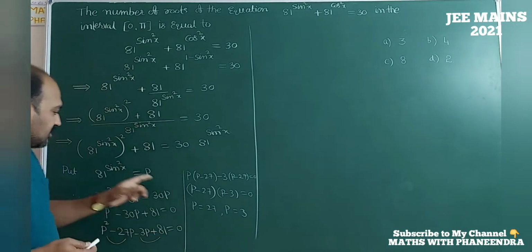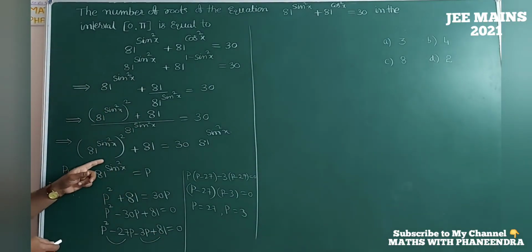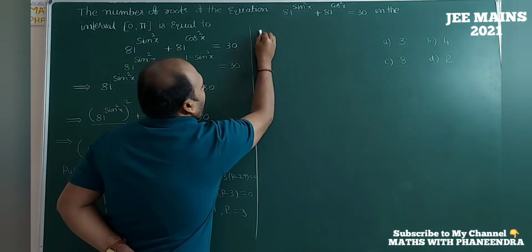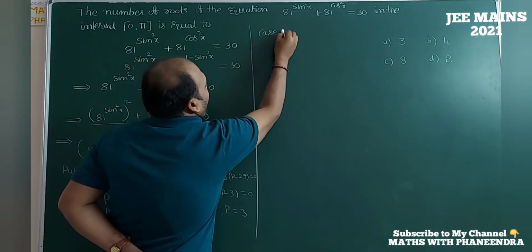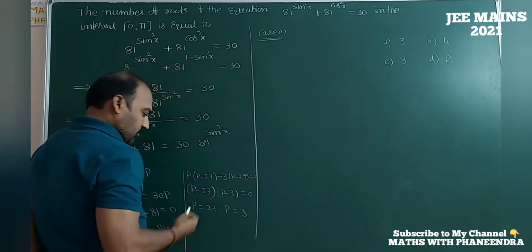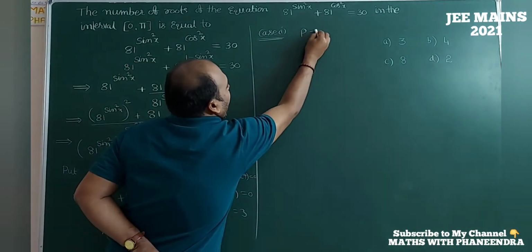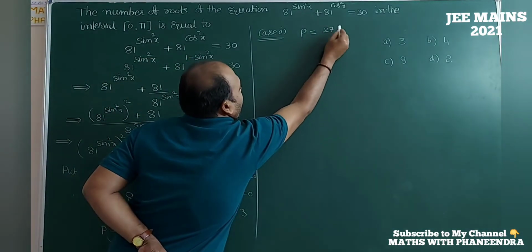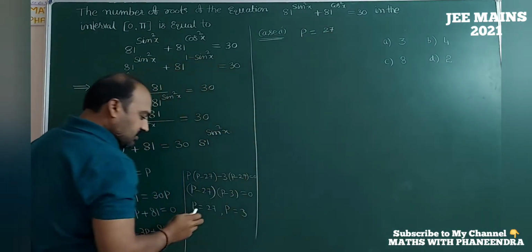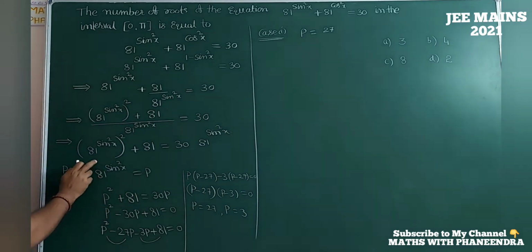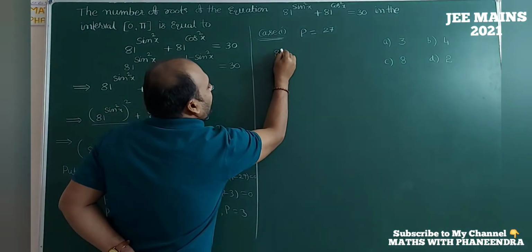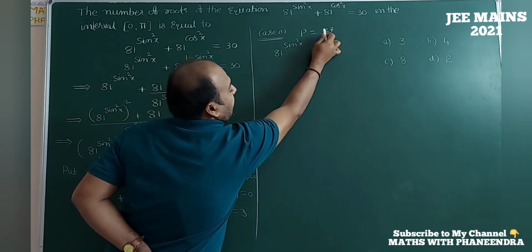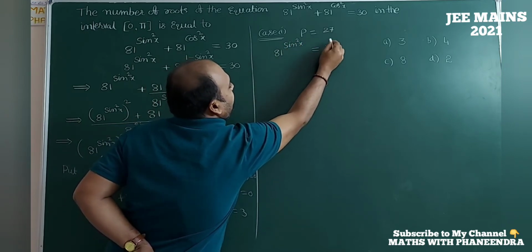But what is p we assumed here? 81 power sin square x equal to p. So case 1: p equal to 27. p is equal to 81 power sin square x. 81 power sin square x is equal to 27, which can be expressed as 3 power 3.